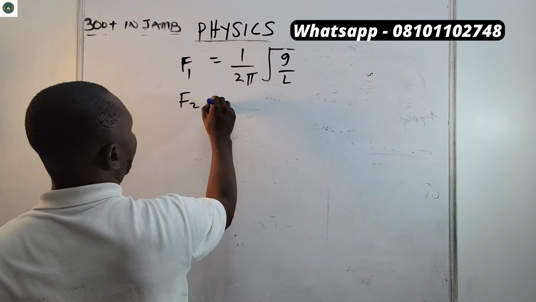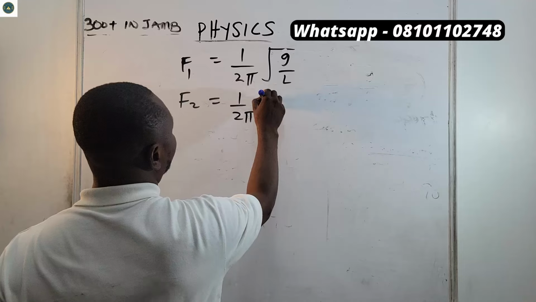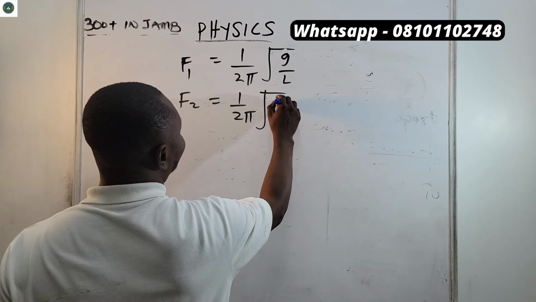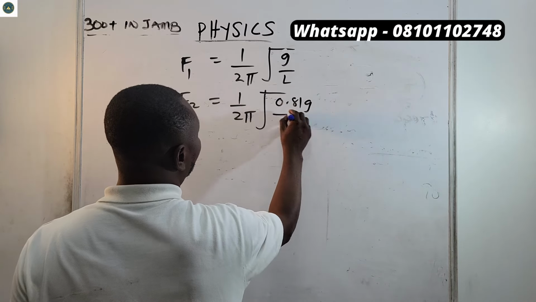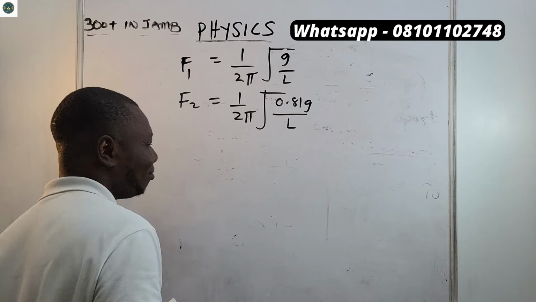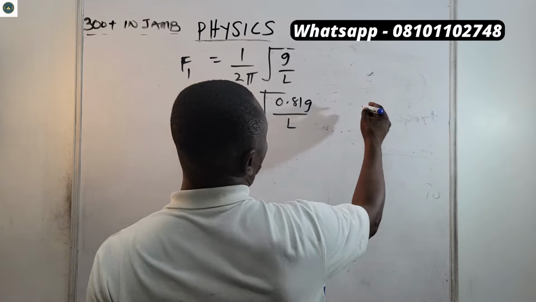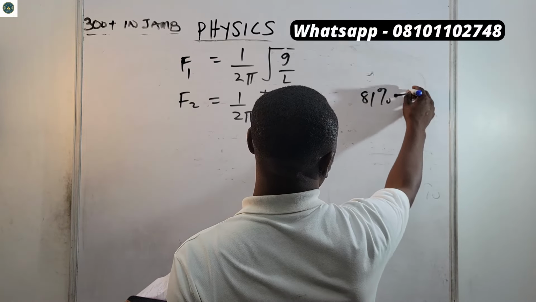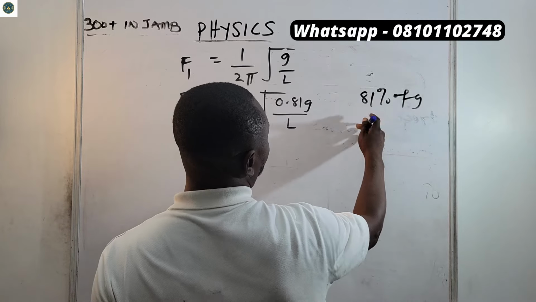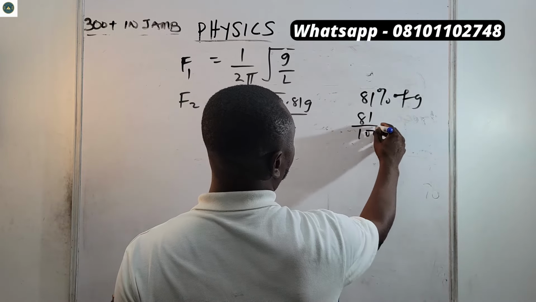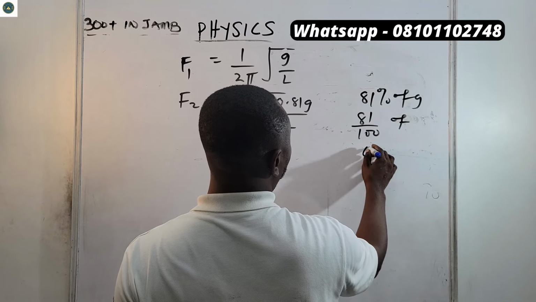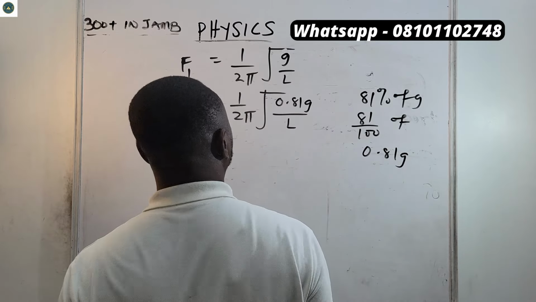Then F2 is 1 over 2 pi root 0.81 G over L, because point 2 says we are taking 81% of G. And 81%, that's 81 over 100 of G. And that's where we have 0.81 G.